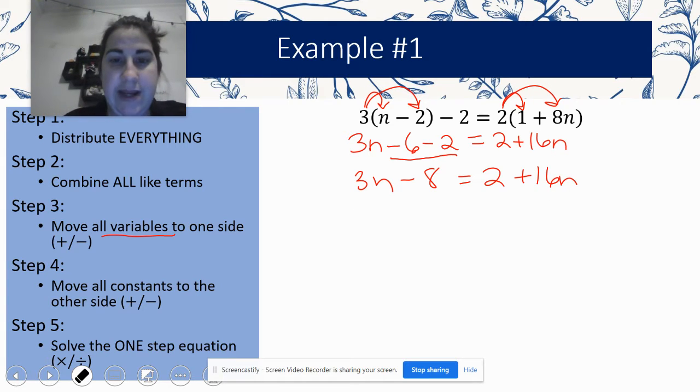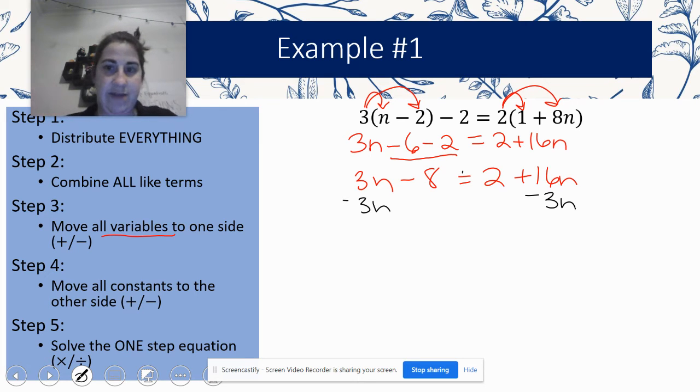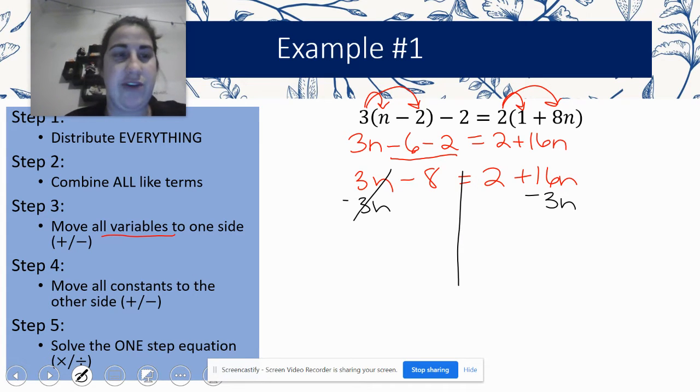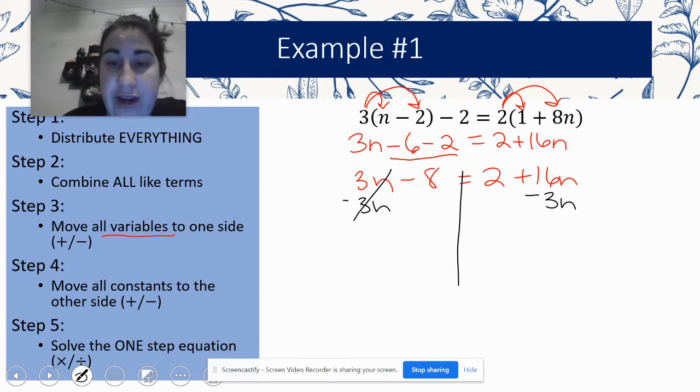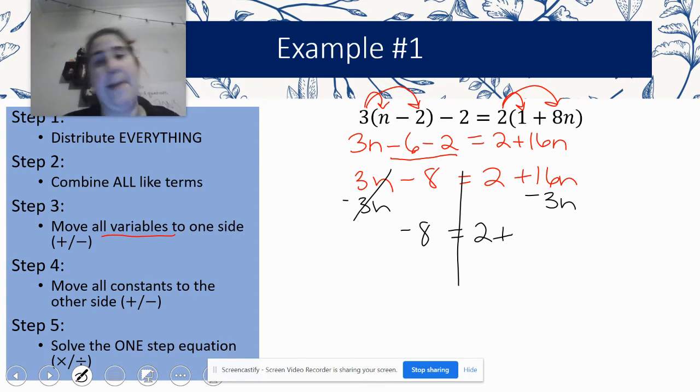So I'm going to take the minus 9n and move my n's to that side of the equal sign. So these cancel out over here. Notice I am moving the n as well, so I'm taking the whole term. So over here I have -8 equals 2 plus 16n minus 9n. That gives me 7n.